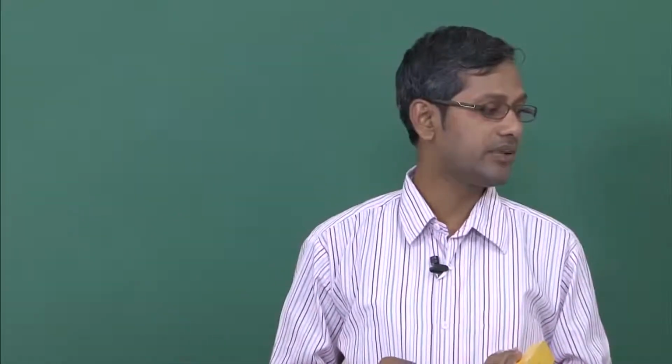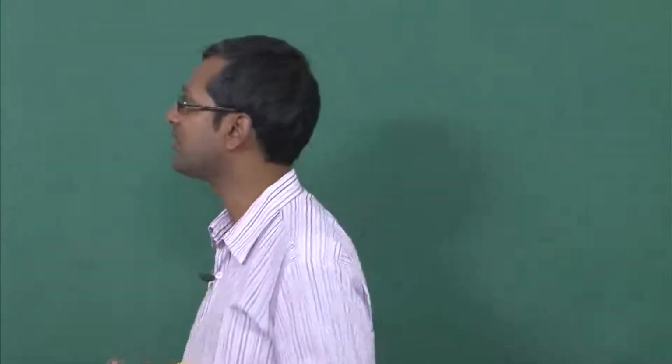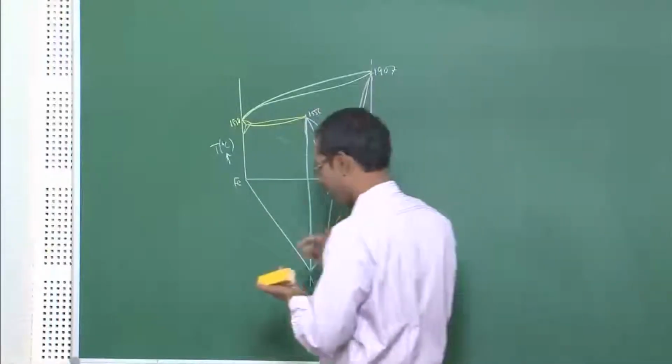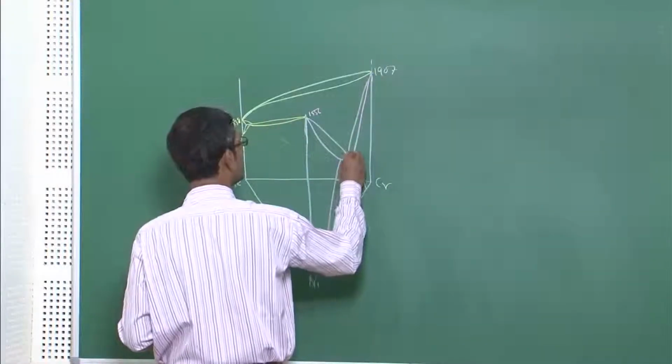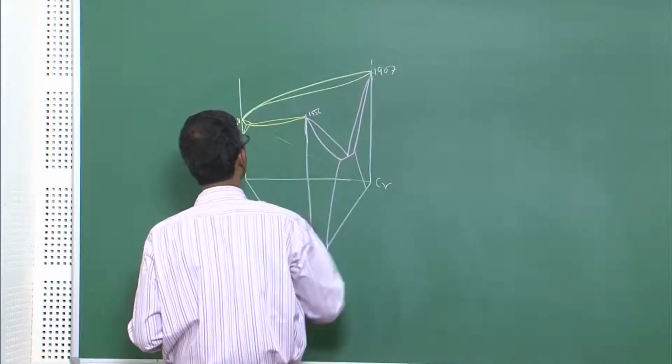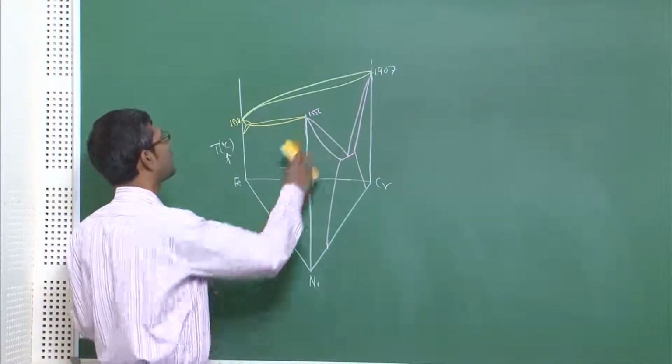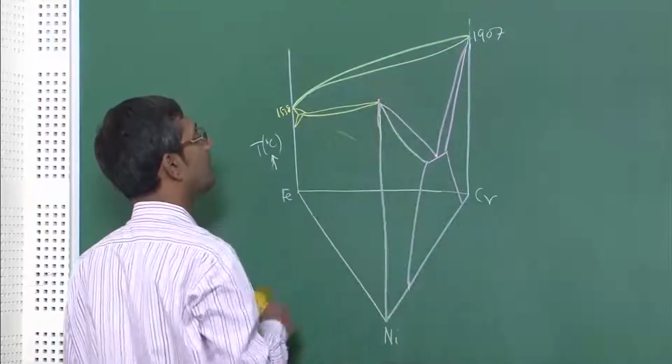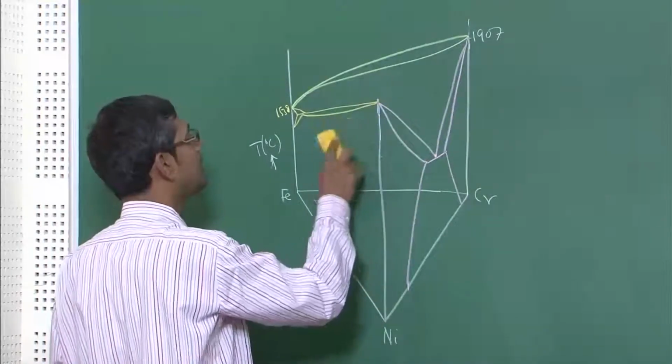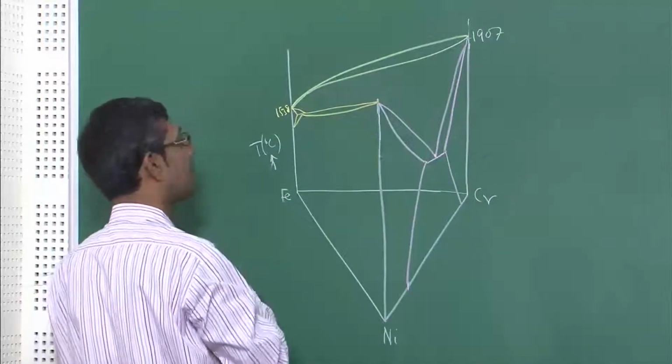What we can do is that we could clearly see that because of the presence of these two important reactions, one is eutectic, another one is peritectic reaction, the phase equilibrium will be decided completely by these two. So, let me just draw and show you how it will be decided by these two.